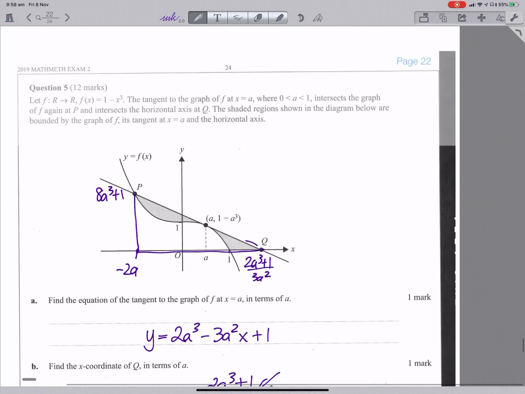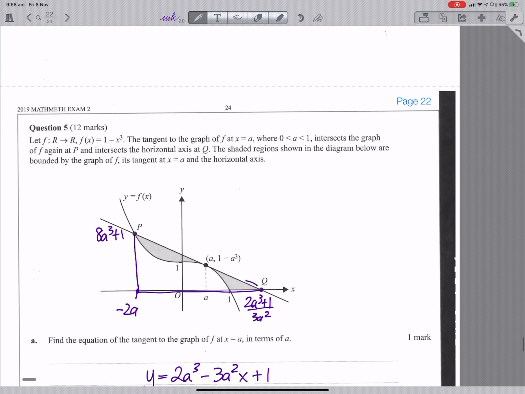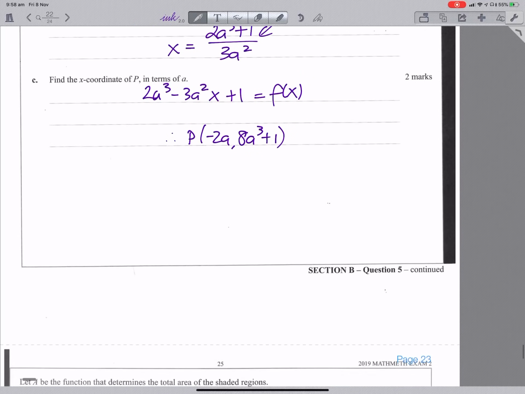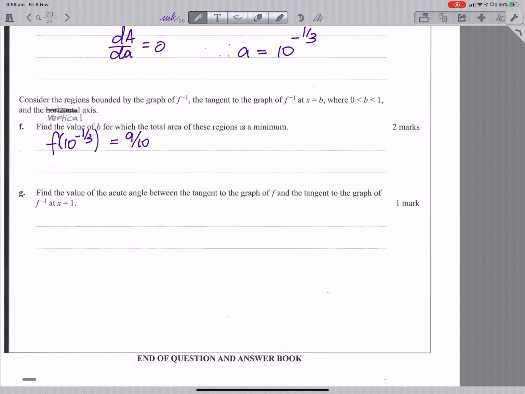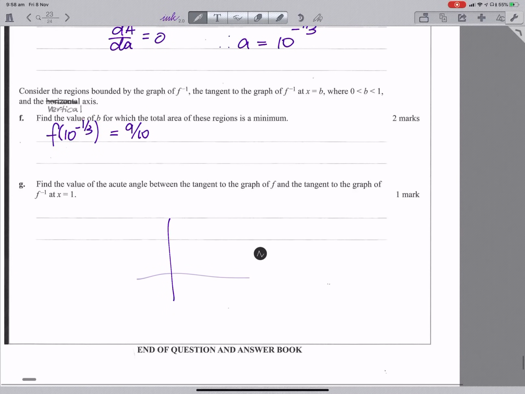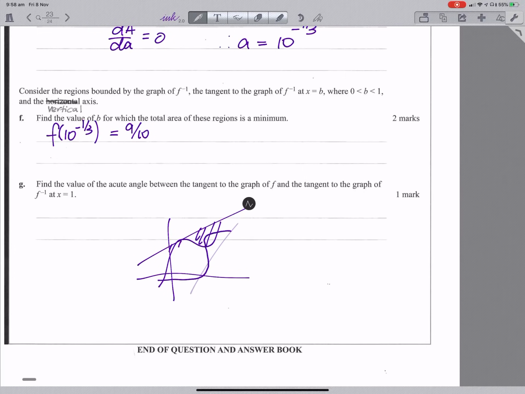So if you've got a curve like this area, its inverse, what area is that with? That one and that one. Like the x and the y values will switch.